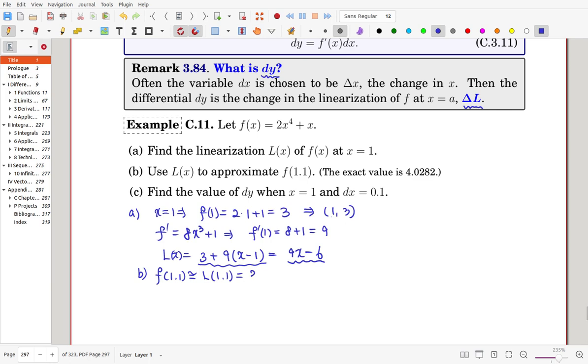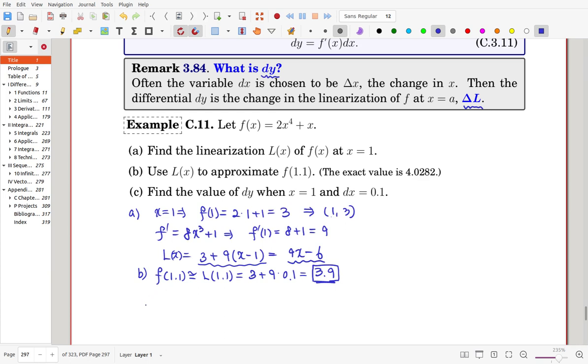Then here 3 plus 9 times 1.1 minus 1, which is 0.1. So it's 0.9, so it's 3.9. That's the answer for part B. Practically, if you get the exact value, the difference is about 0.1.